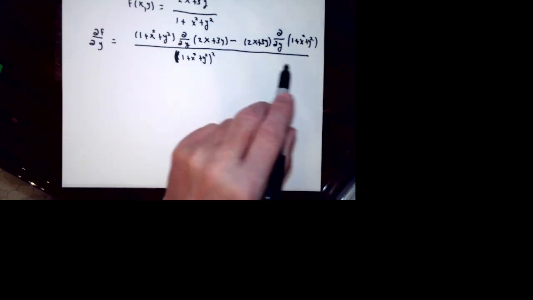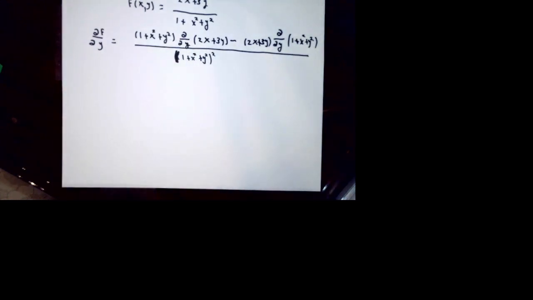To find the partial derivative of f with respect to y, I do practically the same thing. I have to use the quotient rule again. So it's bottom times the derivative of the top minus top times derivative of the bottom divided by bottom squared, except that the context has changed now. When I say derivative up here in the top, I mean I'm going to think of y as the variable and x as being a constant.